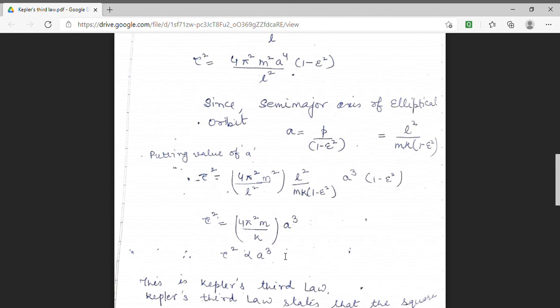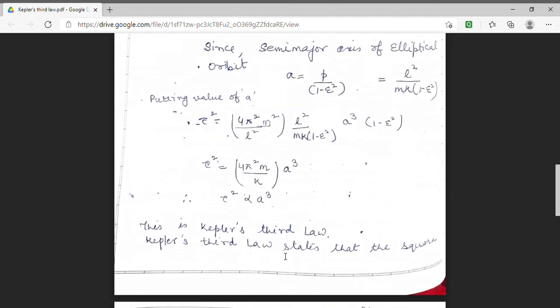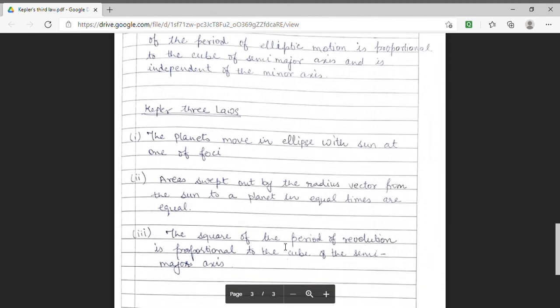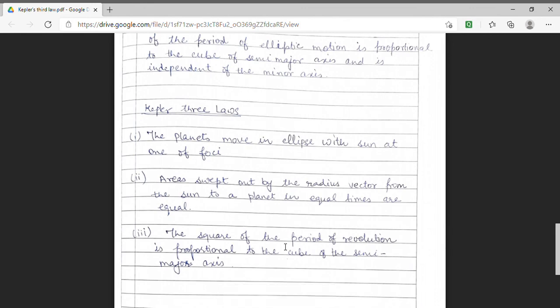Now I am summarizing all three laws which we have derived. The first law was that planets move in ellipses with the sun at one of the foci. Our earth is a planet which moves around the sun, and the condition we have already derived for elliptical motion is that eccentricity must be less than 1 and the motion will be periodic.